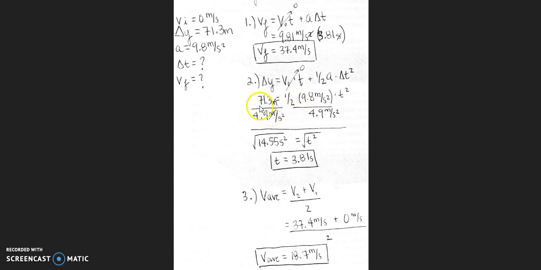So this value becomes 14.55, and we're left with seconds squared equals t squared. Now in order to get t by itself, you take the square root of both sides. The square root and the square cancel out, so you're left with just the single units and just this variable.